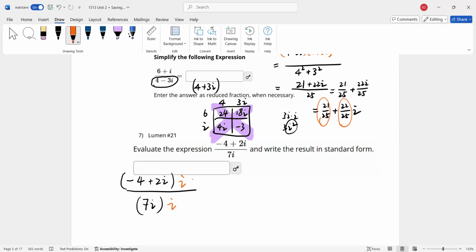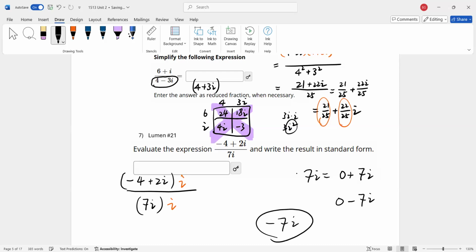Technically, I mean, not technically. If we follow the rule, when we divide two complex numbers, we should multiply both numerator and denominator by the conjugate of the denominator, right? The denominator is 7i, which is 0 plus 7i. The conjugate is 0 minus 7i. So negative 7i is the conjugate we're supposed to multiply, right?